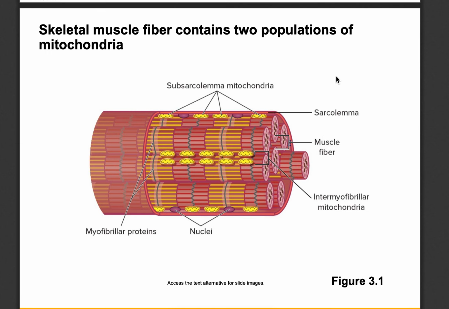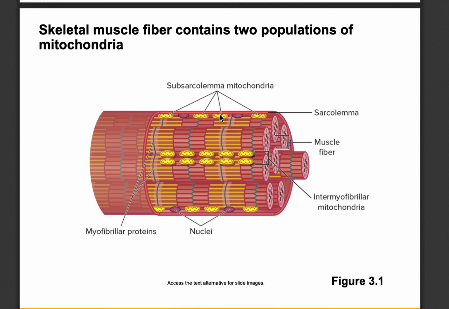When we talk about muscle cells, skeletal muscle cells in particular, there are two different populations or locations for mitochondria. This is a muscle cell on the screen, and you can see on the outside edges of the cell we have these mitochondria, which are these little yellow tubes right here.